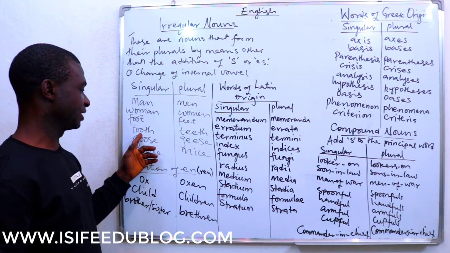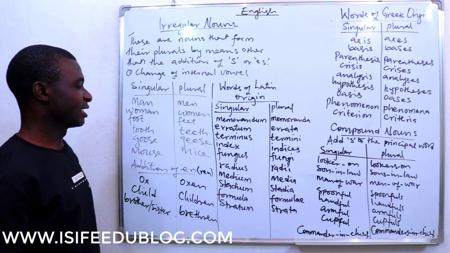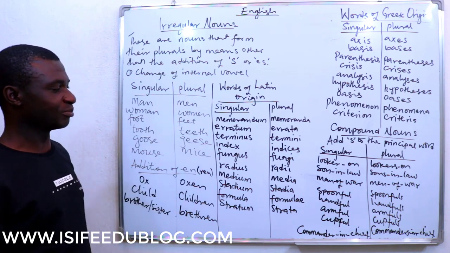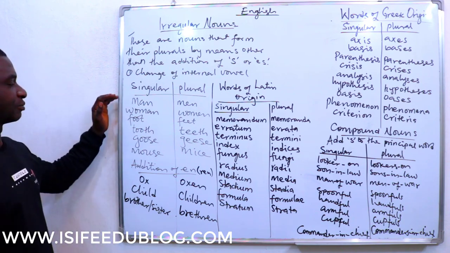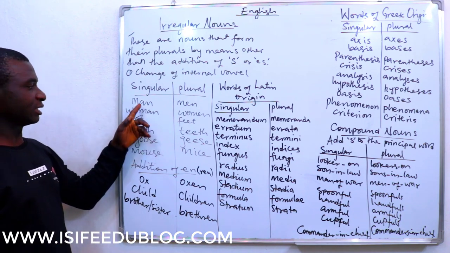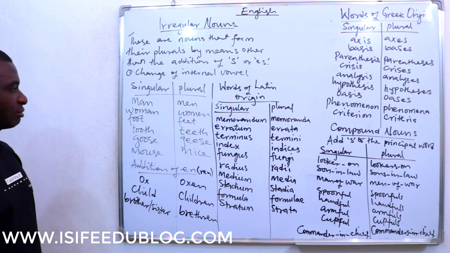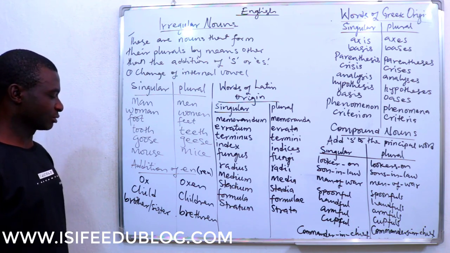My tooth aches, my tooth aches, my teeth ache, my teeth ache, when you mean more than one. Okay, so let's see. So man, the A in man changes to E to form the plural men. Woman, women, foot, feet, tooth, teeth, goose, geese, mouse, mice.